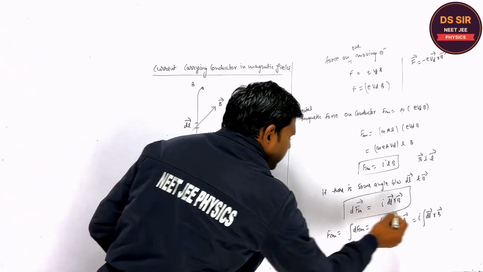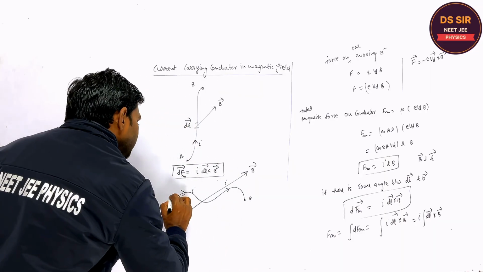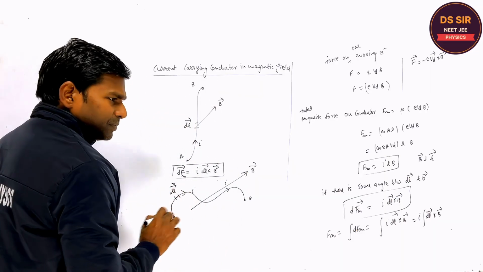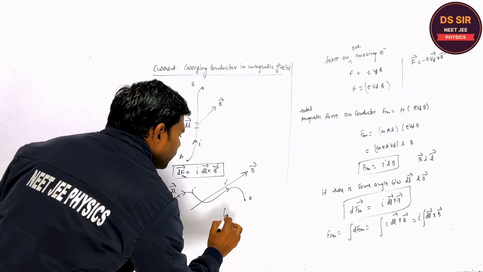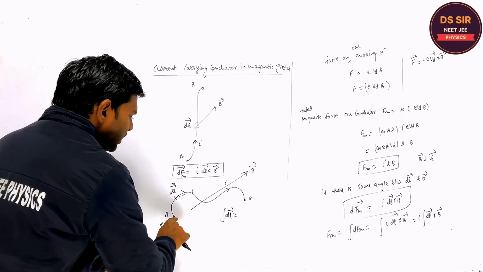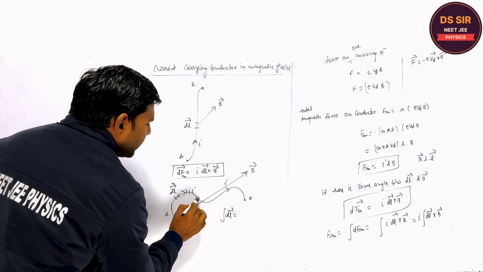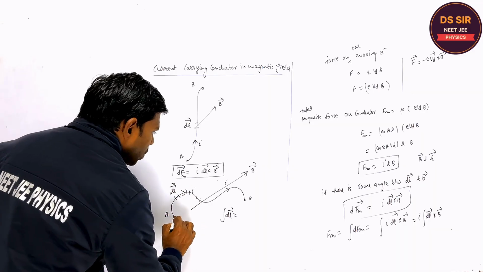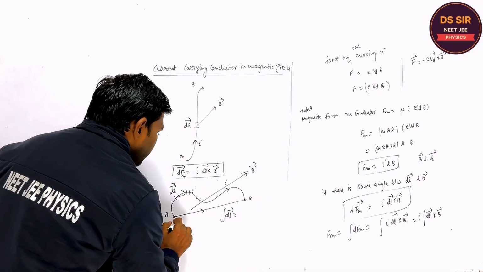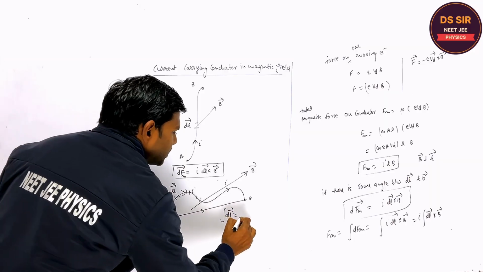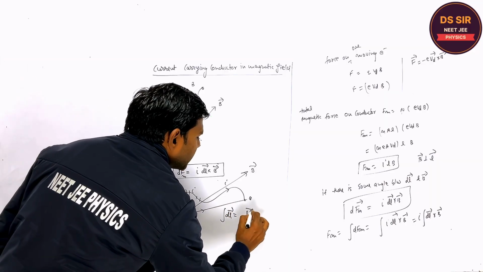If this is the DL vector, what is the integration of the DL vector? The integration of the DL vector is nothing but the sum of these small elements, so it will be equal to the AB vector. This is equal to the L effective vector.